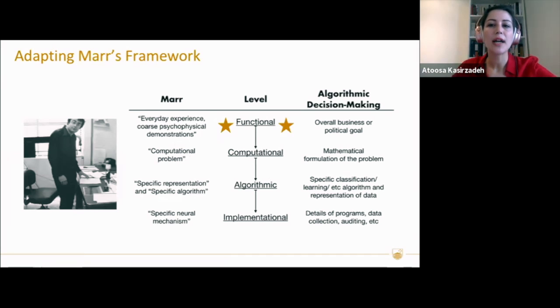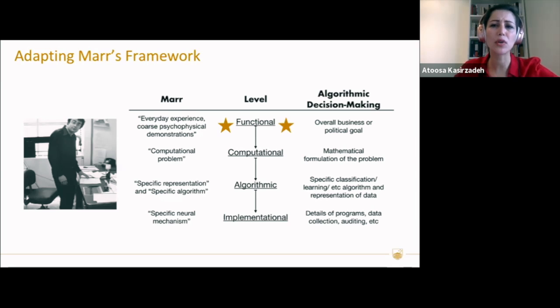He identified several levels that are common to the analysis of any computational system. Say the goal is that you want to know why vision works the way it works. His very rough idea was that in order to properly answer this question, we need to analyze this computational system from different levels of analysis.